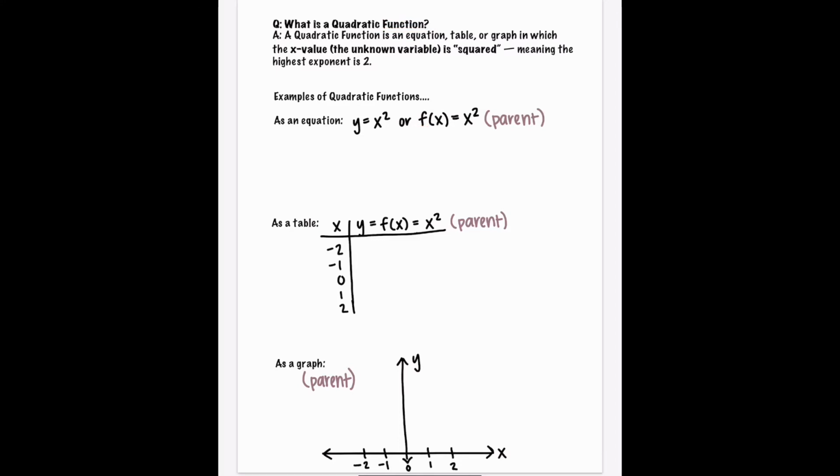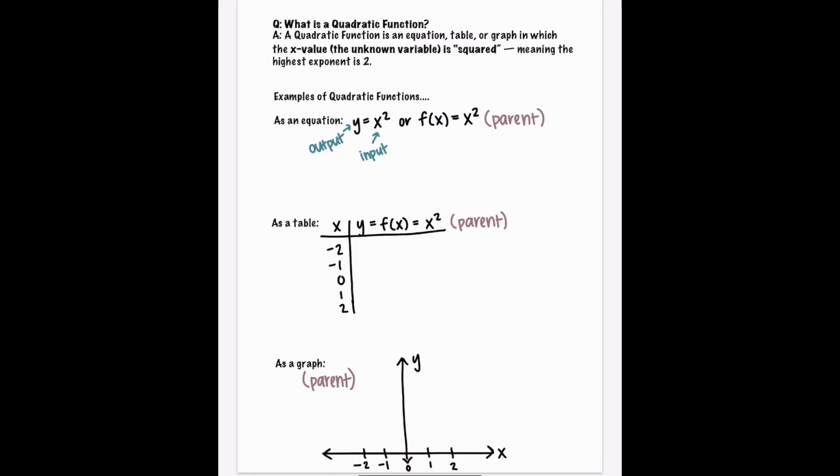So y is often called the output, and x is often called the input. So if y is what you end up with when you put in an x value, then y is really just a function, or something that happened to the x value.